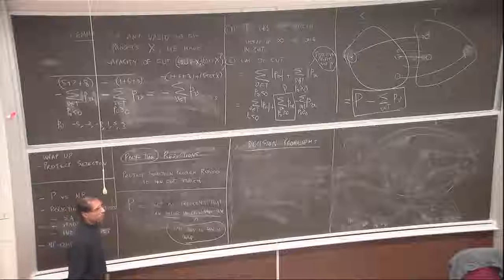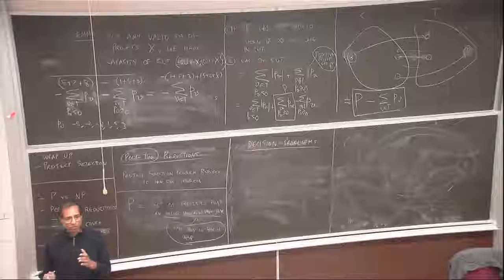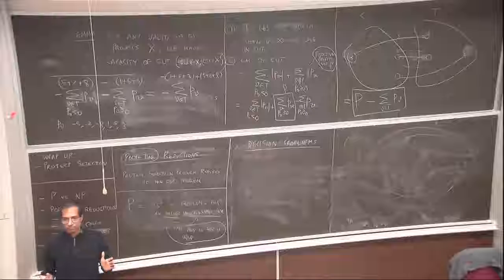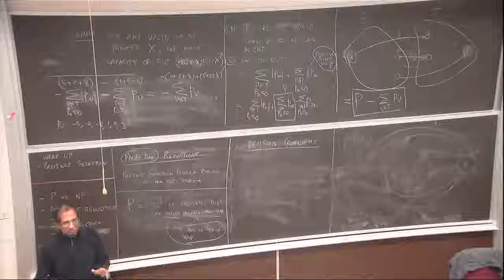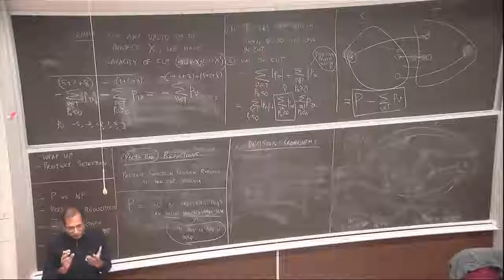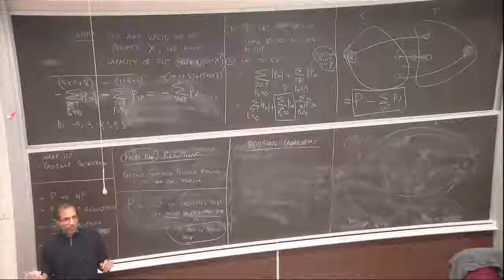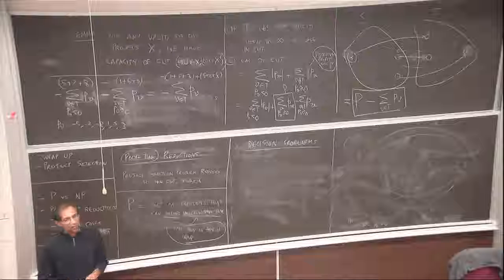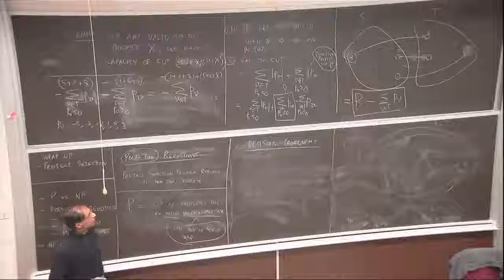These are problems where the answer to the question is always of the form yes or no. It simplifies the setup. I give you an instance and ask you, is the answer to this question yes or no? That's all you have to write. You don't have to give me the maximum flow or anything like that.